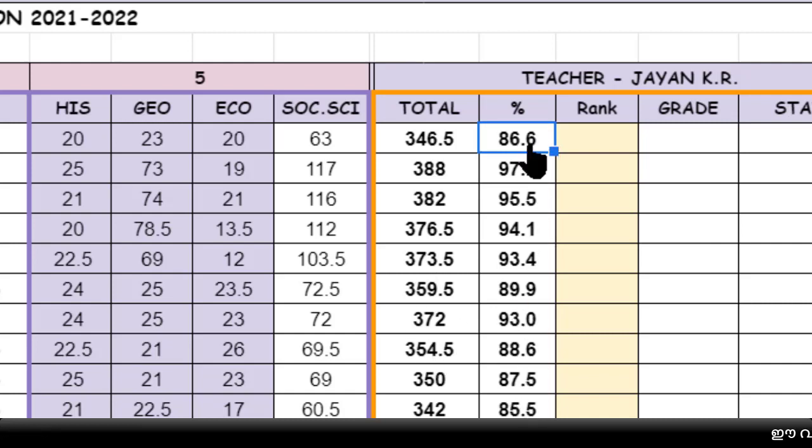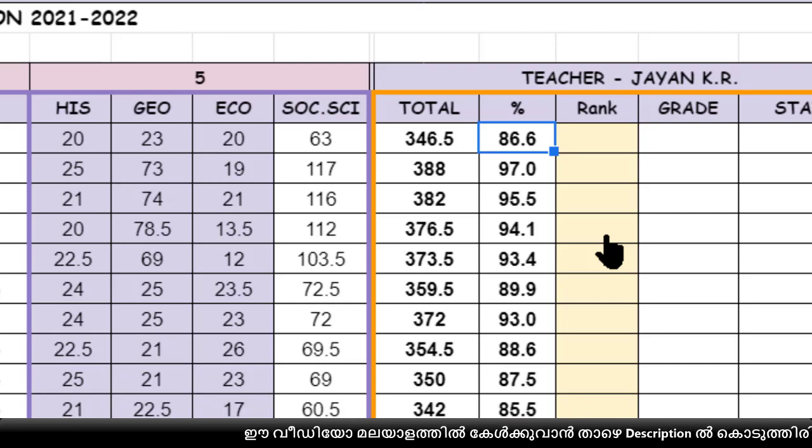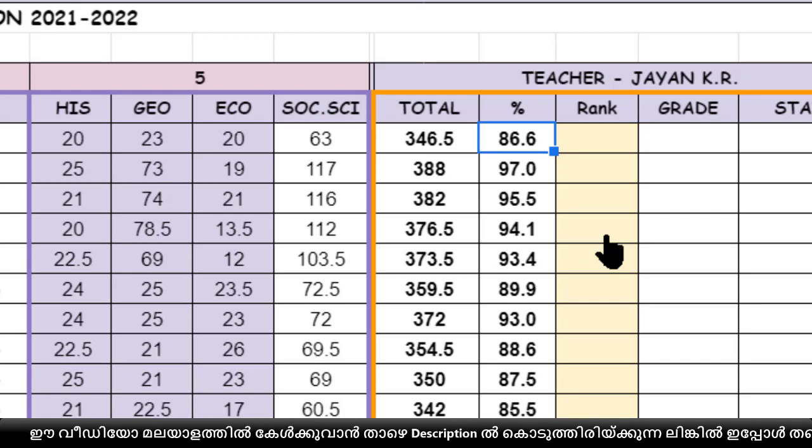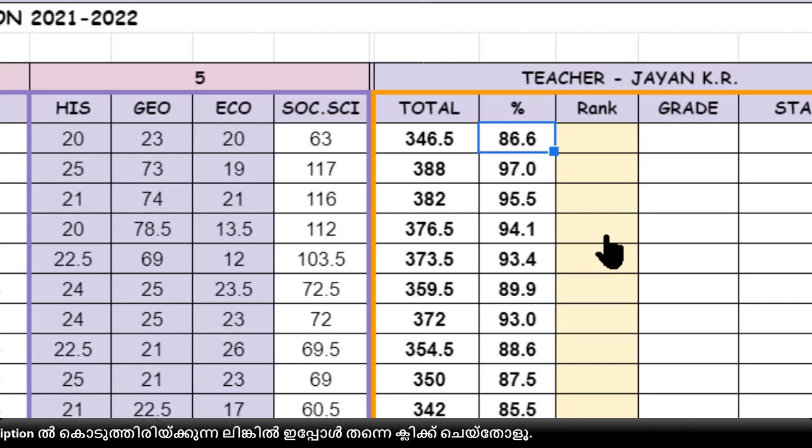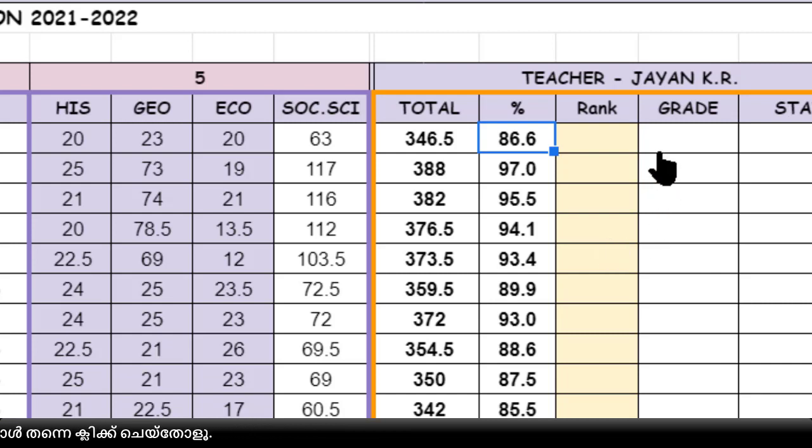This is the method. Now one more thing I am going to show you: how to take the rank of the students. Which student came first, which student came second and which student came last. Okay, all these details we are also going to do in this sheet. That is also easy. Select the first cell of the rank column, then type equal to.